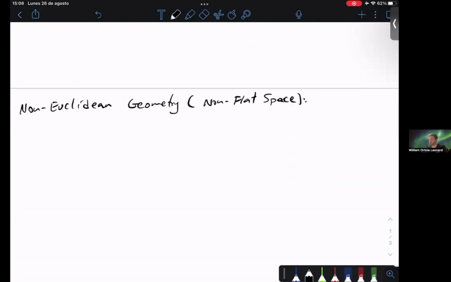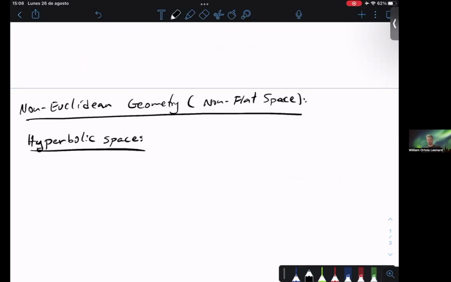And what we can see is that in a non-Euclidean geometry, we can actually have two types of non-flat spaces. The first one is going to be a hyperbolic space. So let us just go right ahead and look at it. Hyperbolic space.